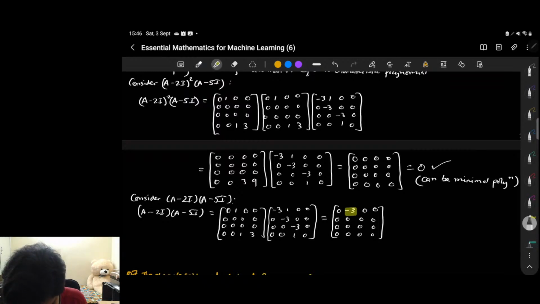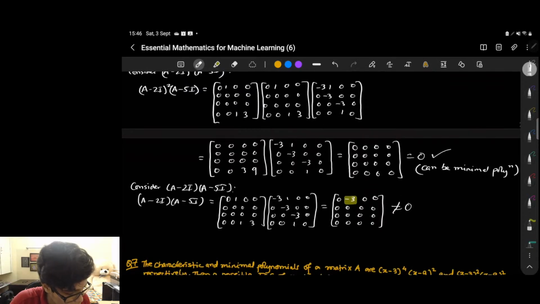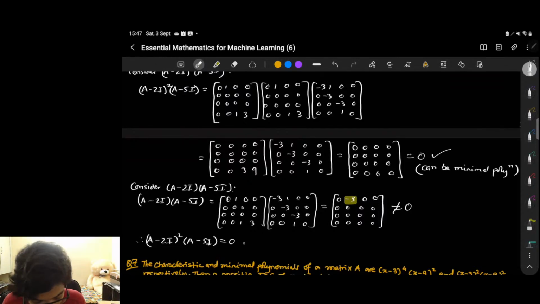So this is the non-zero element. As a result, this matrix is not equal to a zero matrix. Therefore, we have A minus 2I whole squared, A minus 5I equal to 0, and this is the least degree that we can have.